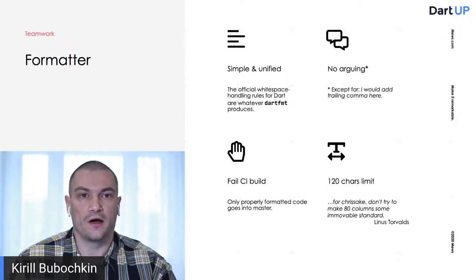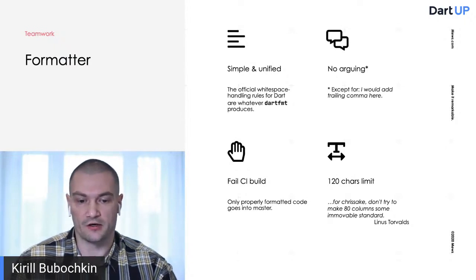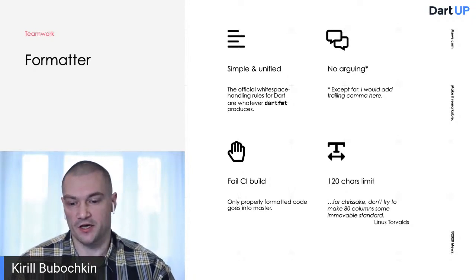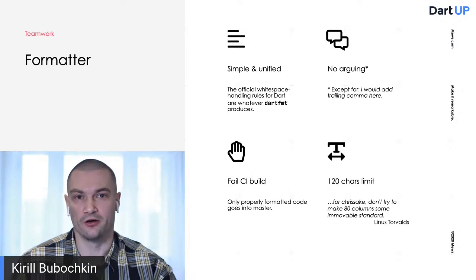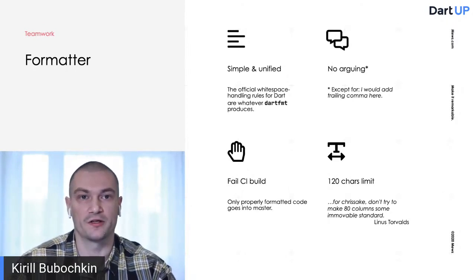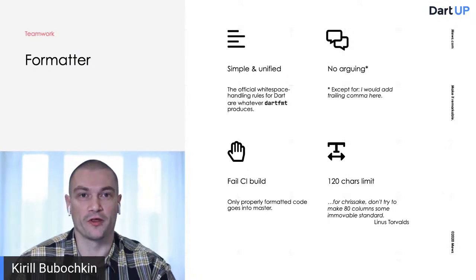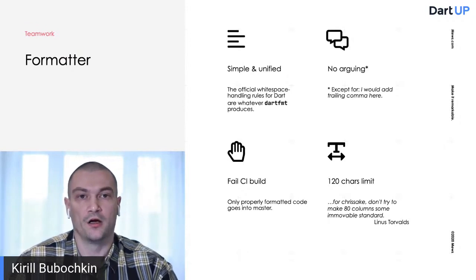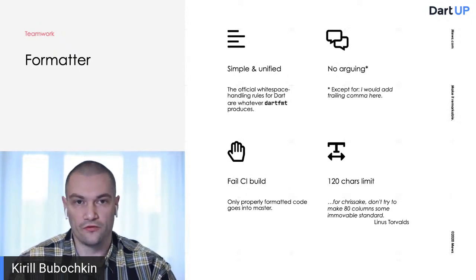The only thing I don't like about this Dart FMT is that it uses this 80 characters limit. And this is actually the moment where I can confidently say that I'm thinking in the same way as Linus Torvalds, or at least we both agree on the point that an 80 characters hard-coded limit is a bad idea. Luckily, Dart FMT allows you to override this.